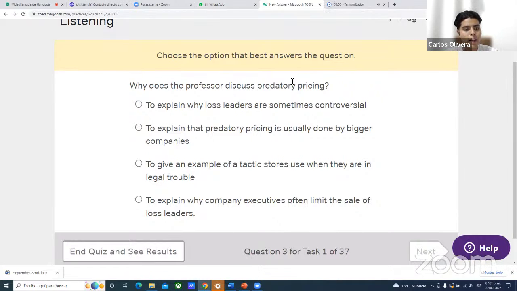There you are. Lucia, which one is the correct answer here? I think it's number 1. All right, number 1. Fantastic. Thank you very much, Lucia.